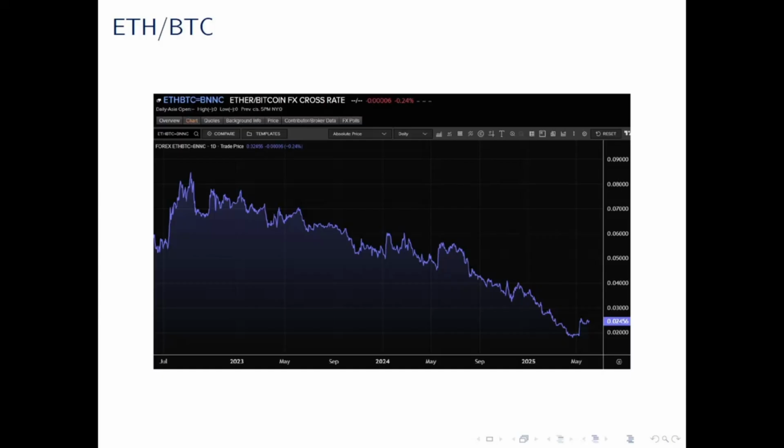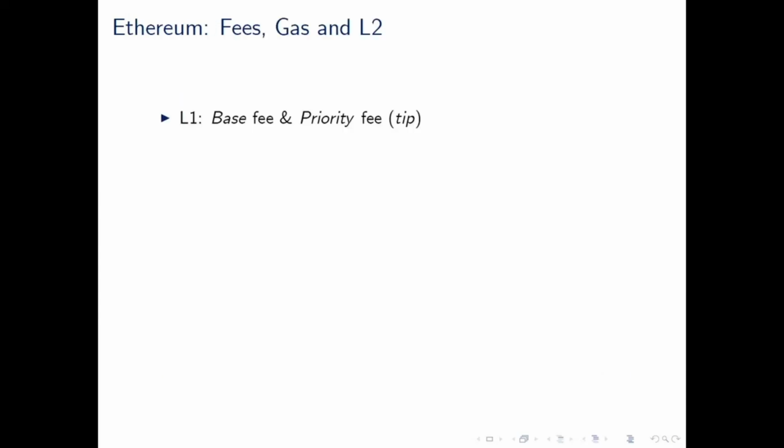So these are some macro trends, and now the model that you've seen before, I want to augment it. I want to add a bunch of features that are Ethereum specific. So I want to include the fees, gas, and the L2 sector. I guess most people know how this works.